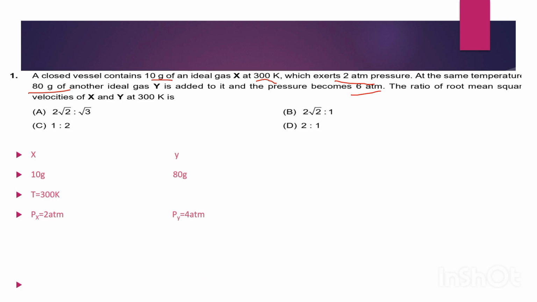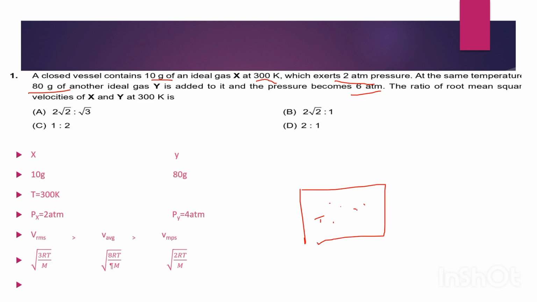So for a gas molecule in a chamber, suppose a number of gas molecules are moving, there can be 3 kinds of velocities. First is average. In average velocity, we calculate the average of speed of all the molecules.